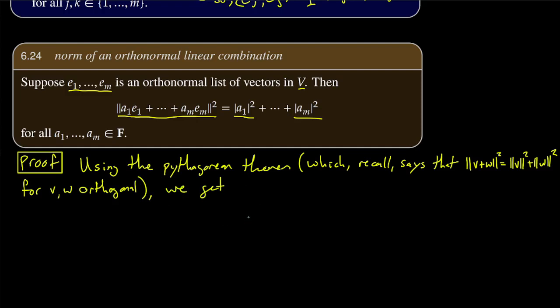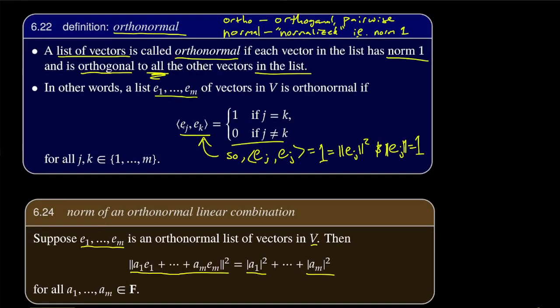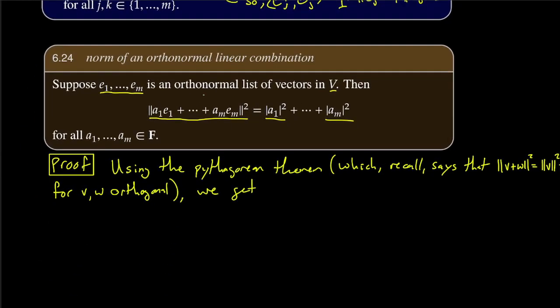Notice, since each vector is orthogonal to all of the other ones in the list, then we can write this. The norm of A1 E1 plus all the way down through AM EM, squared.